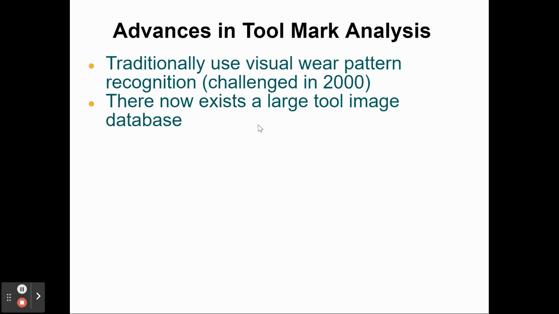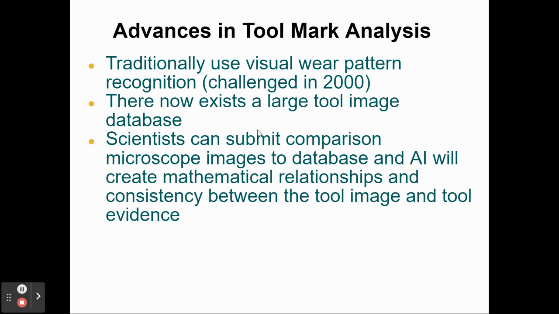But anyhow, the toolmark image database that the Ames Laboratory has created from lots of different types of tools, to be able to show some of the marks that end up being made, is very, very important.